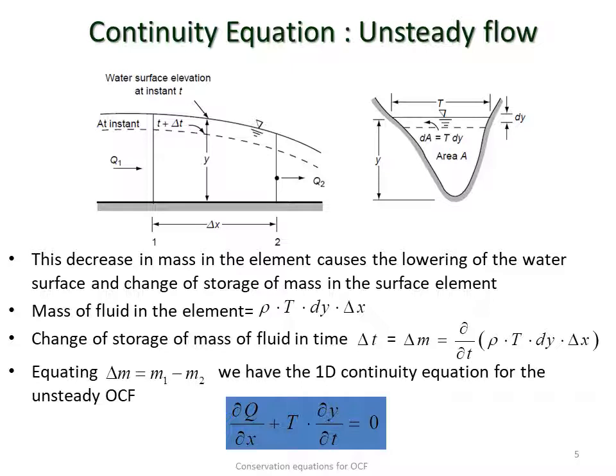So this is the rate of change of storage mass inside the element, and if we equate that to delta m, then we have the 1D continuity equation for an unsteady open channel flow, which is given by the last equation on the slide: del q by del x plus capital T into del y by del t.